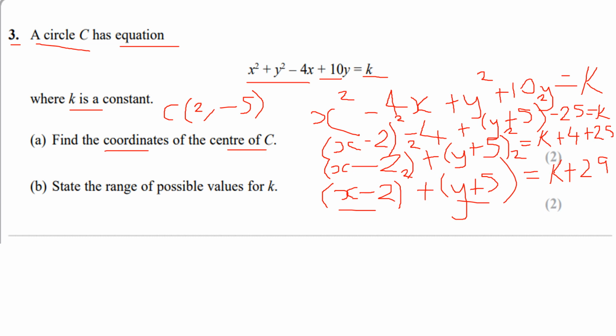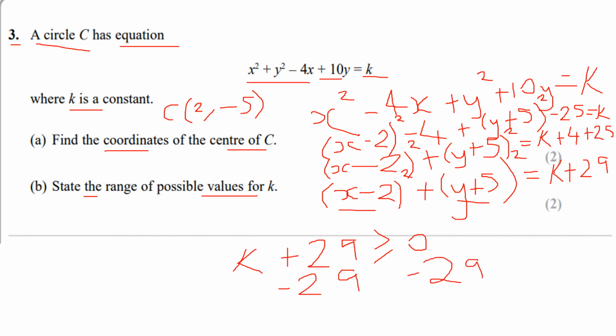Okay. For part B, state the range of possible values of k. Now, because k plus 29 has to be positive, so it has to be bigger than or equal to 0, if I solve this inequality, I'm going to subtract 29 on both sides of my inequality to balance it.